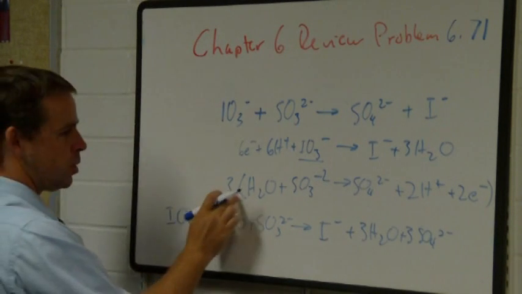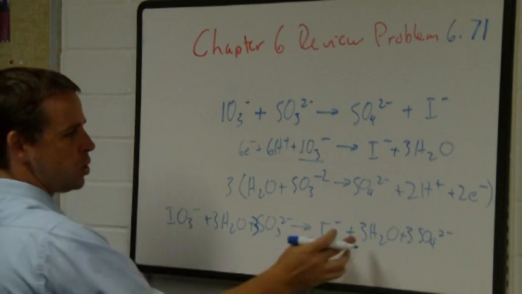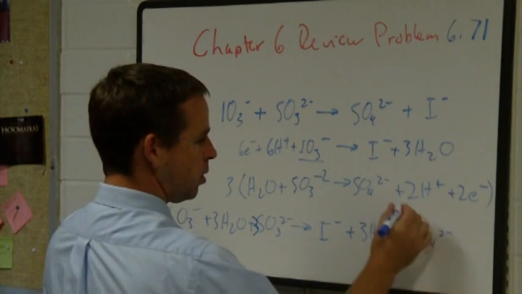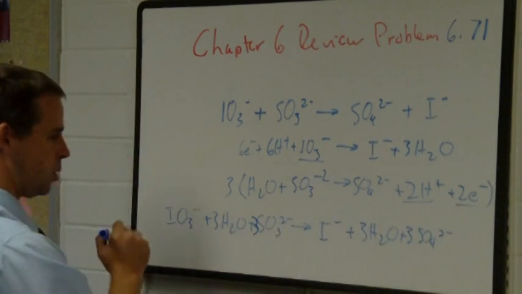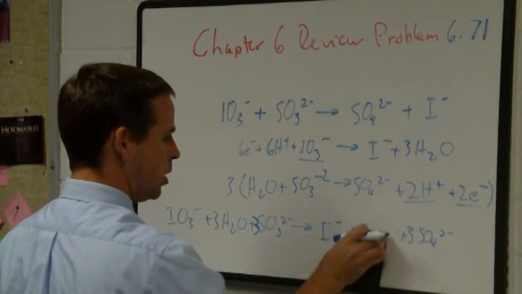Oh, so this 3 needs to go with this sulfite too. I forgot that 3 there. So 3 sulfates, and then 6 protons and 6 electrons, which are going to drop out. So the waters drop out as well. 3 waters on each side.